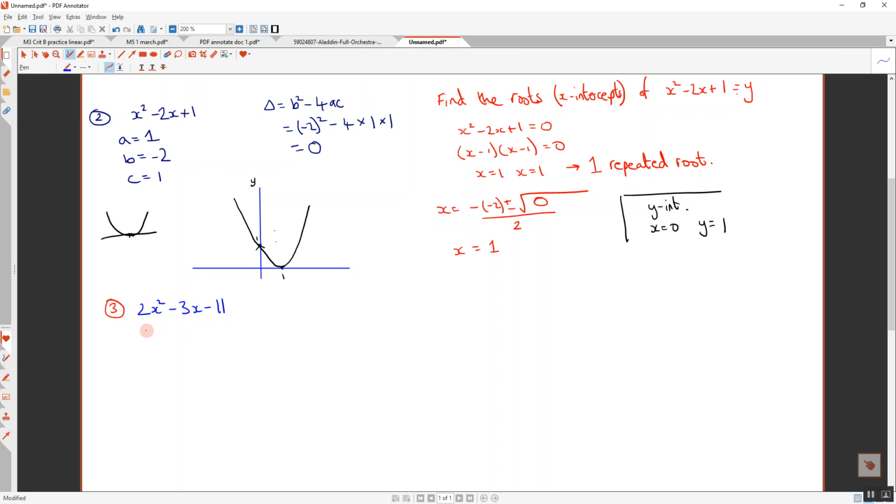A is 2, B is -3, C is -11. So our discriminant, in this case, is B squared, so -3 squared.